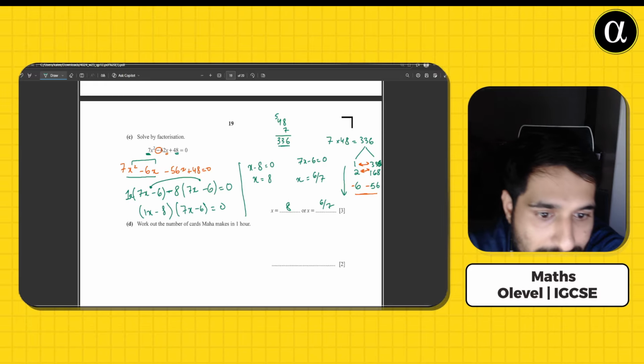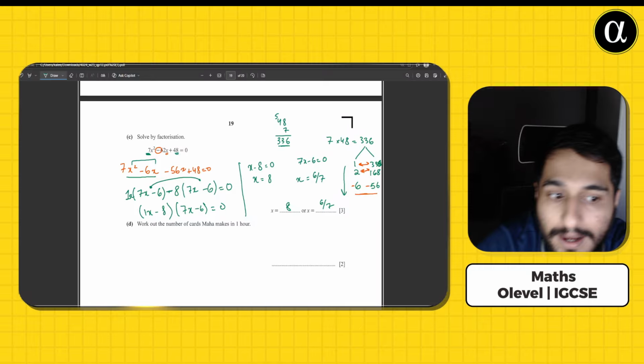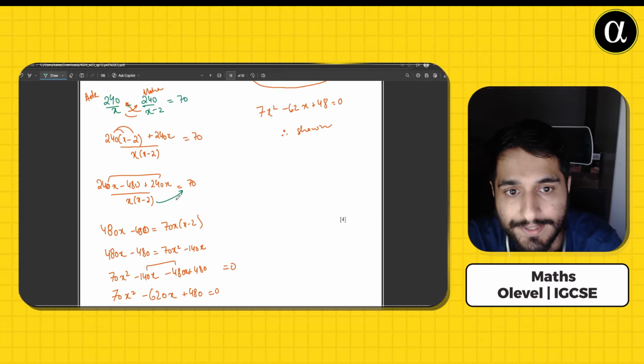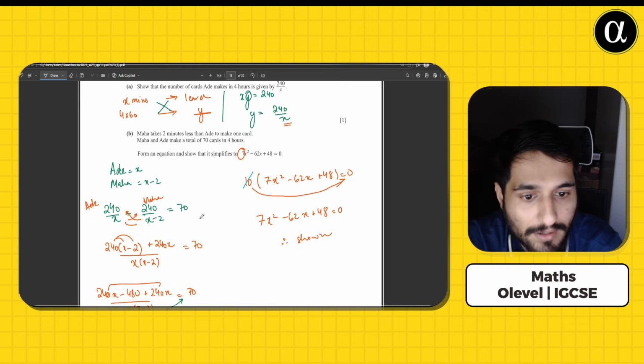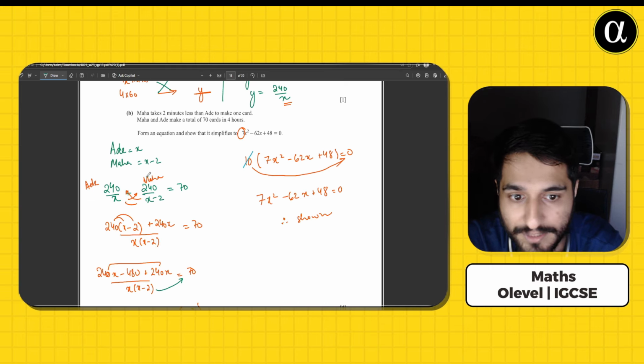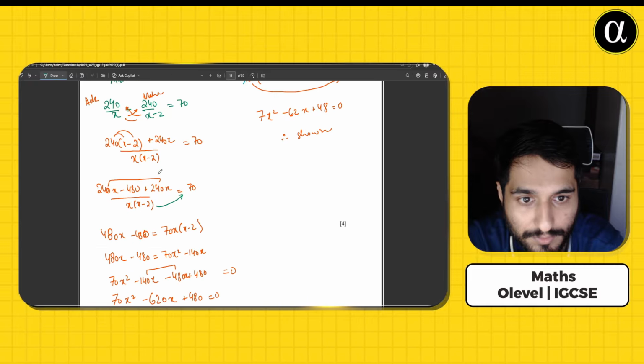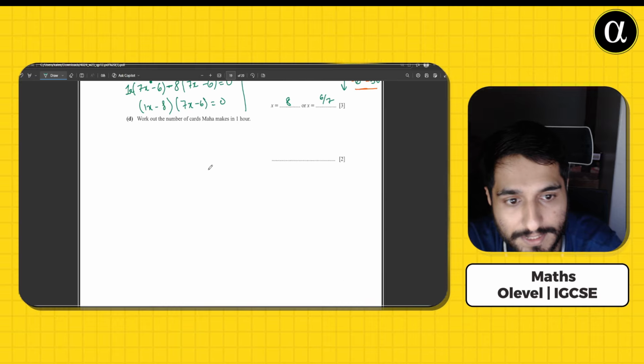Now it says work out the number of cards Maha makes in 1 hour. Let's see. We had the amount of cards she made in 4 hours, which was 240 over x minus 2.